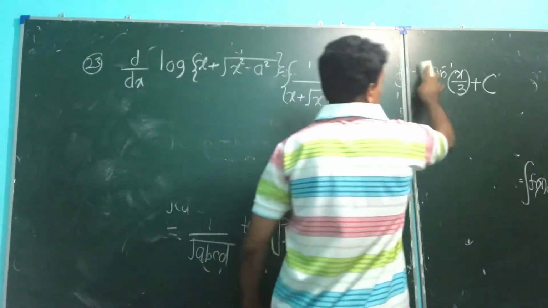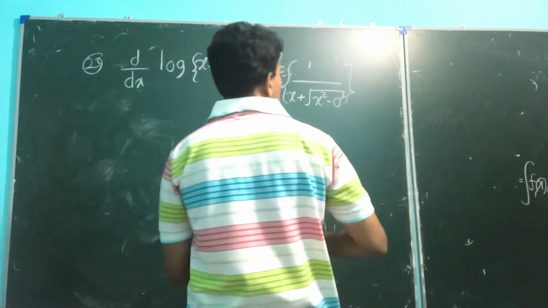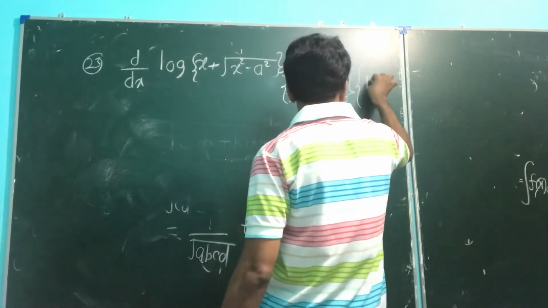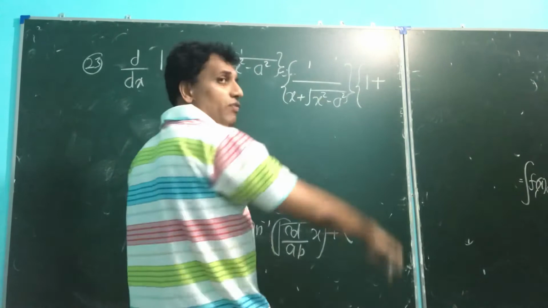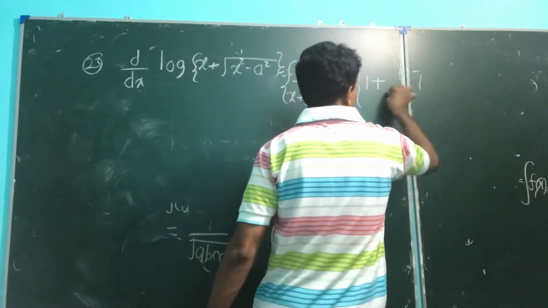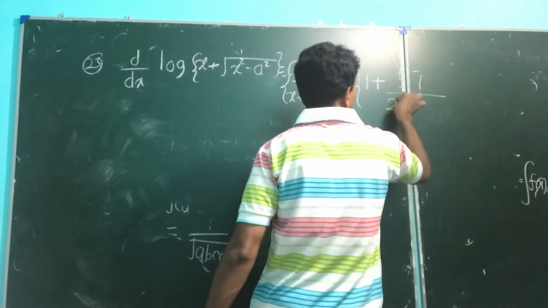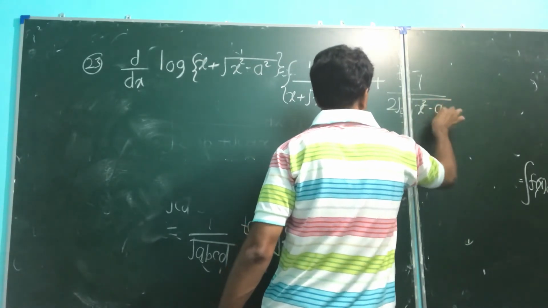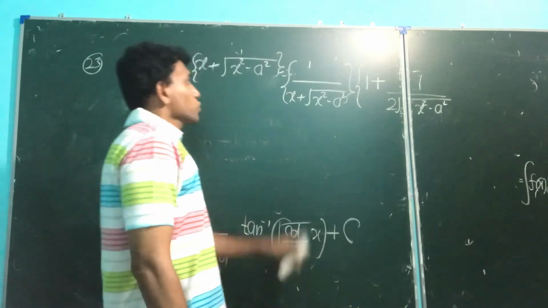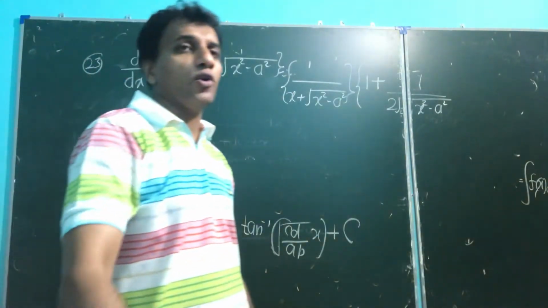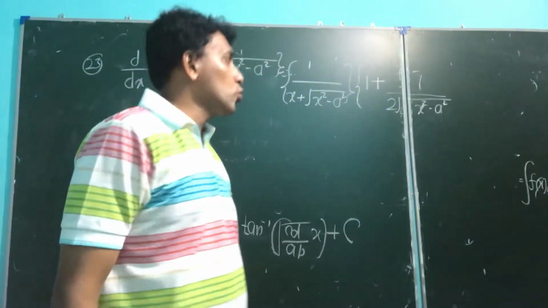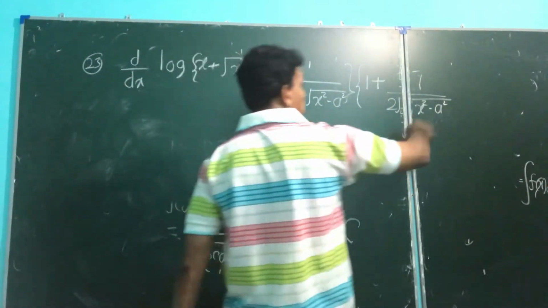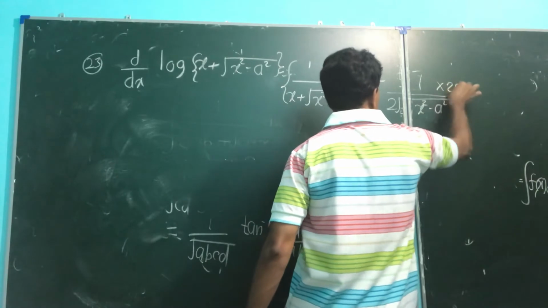What is inside of the log? Inner function x is 1. Square root differentiation is 1 over 2 times square root of x square minus a square. Inside, x square differentiation is 2x.